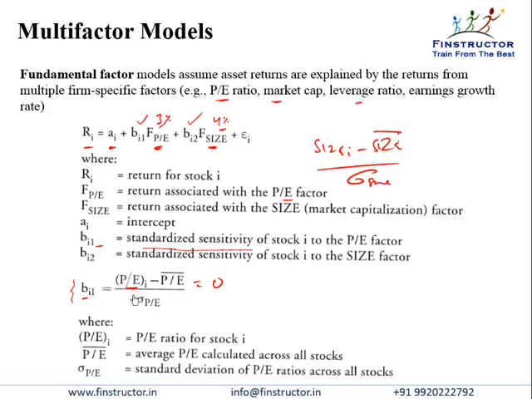So if our PE is lower or if our PE is higher, then there is some possibility of a higher or a lower return, and that is captured in the factor return. Similarly, whether our size is higher or lower is captured in the return to size. We'll explain this better with the help of an example when we do a question.